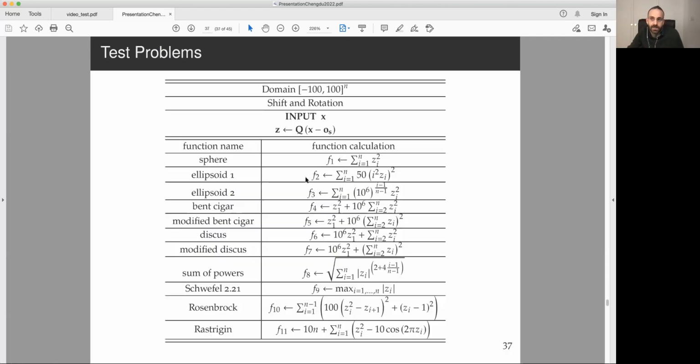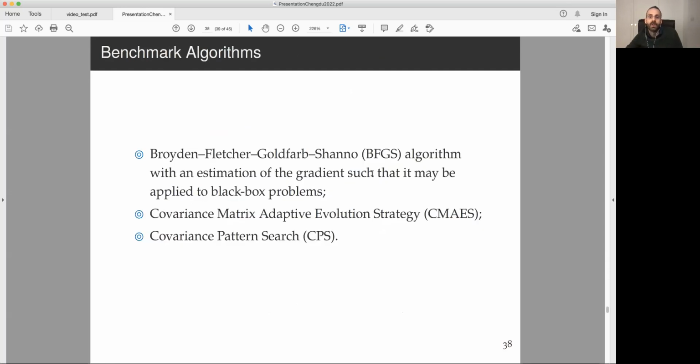Let's see some results. Again, we have a list of problems, which is not exactly the same as before, but very similar. And we are using, again, the BFGS, and we are using, in this case, CMA-ES. The reason why I chose this algorithm is that it also performs something similar.